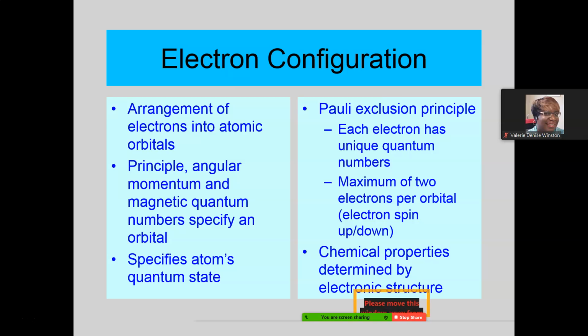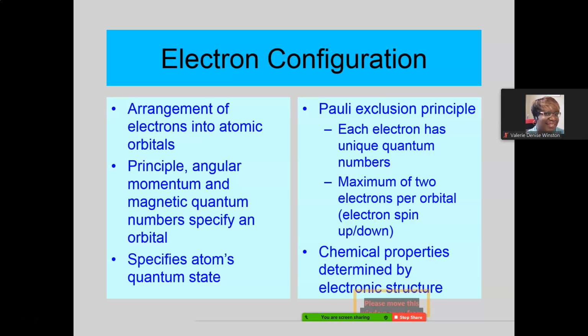For n equal 1, you have s, 1s, and that 1s has 2 electrons, one's up, one down. That's all you got in your first level. And you have principal quantum number n equal 1, angular quantum number s, and then either spin up or spin down. That gives you your unique quantum numbers for those 2 electrons.